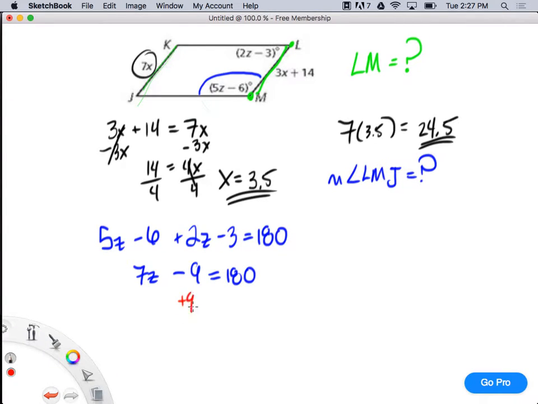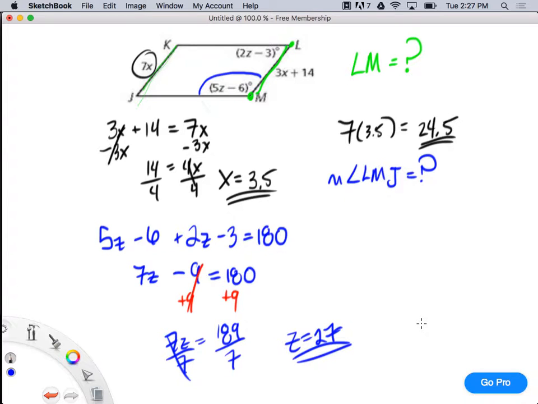I add 9 to both sides. I get 7z equals 189. I divide by 7. And I get z equals 189 over 7, which is 27. Is that pretty clear?